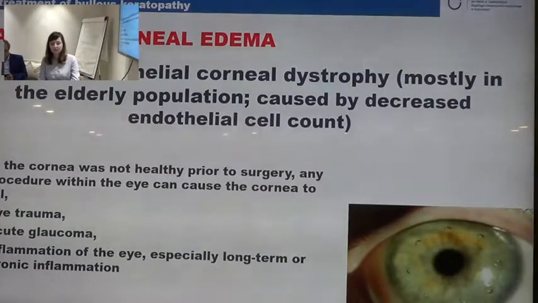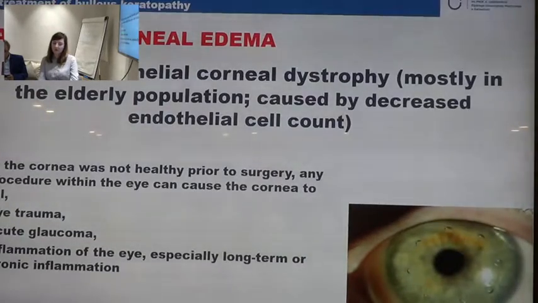The most important one is the failure of the endothelium, with the most common being Fuchs endothelial corneal dystrophy, which occurs mostly in the elderly population and is caused by the endothelial cell count decrease and the presence of corneal guttae.